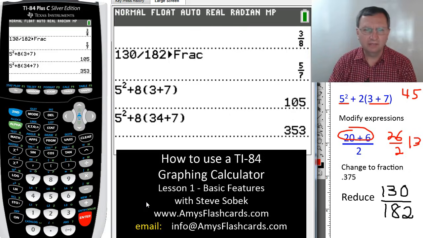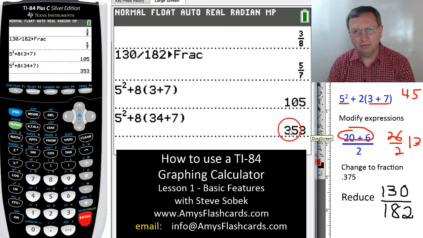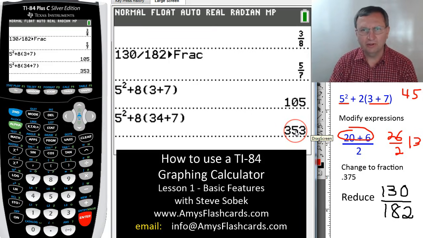Okay, some neat features. Since we're mentioning second entry, the entry to bring back the recent expression that we evaluated, we could also bring back the most recent answer. Every time you hit the enter key and evaluate an expression, the answer is stored in a variable called ANS.